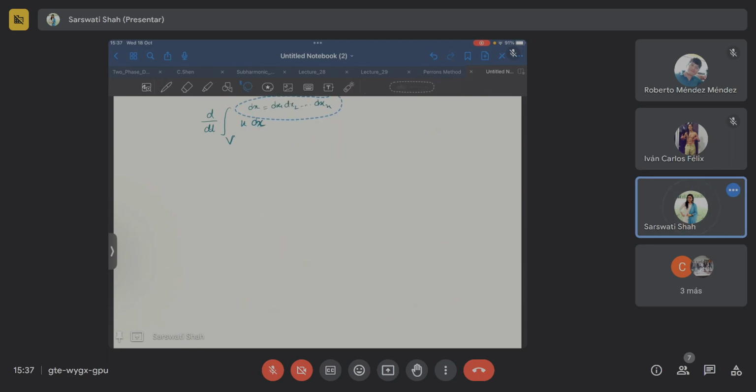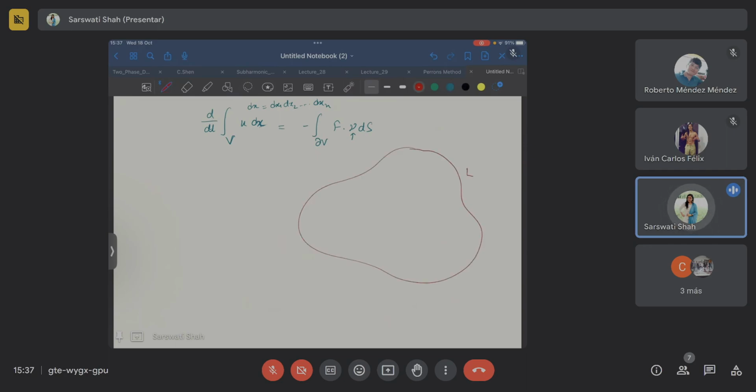Okay, this is equal to the negative of the net flux through the boundary, because we take the unit normal. Just let me draw the figure and then it will be more clear to you.